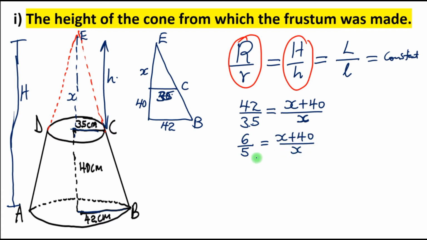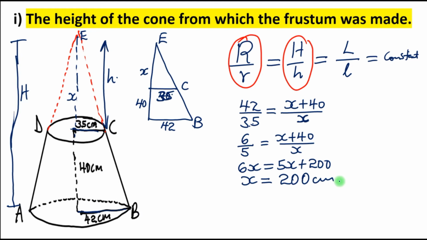Cross multiply, I get 6x equals 5x plus 5 times 40, which is 200. Subtract 5x on both sides of the equation and I end up getting x equals 200 centimeters.